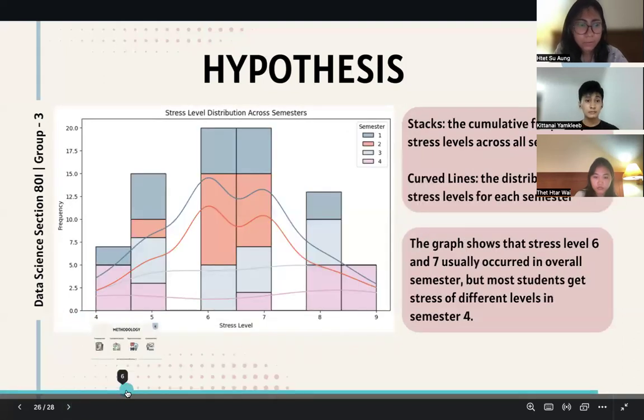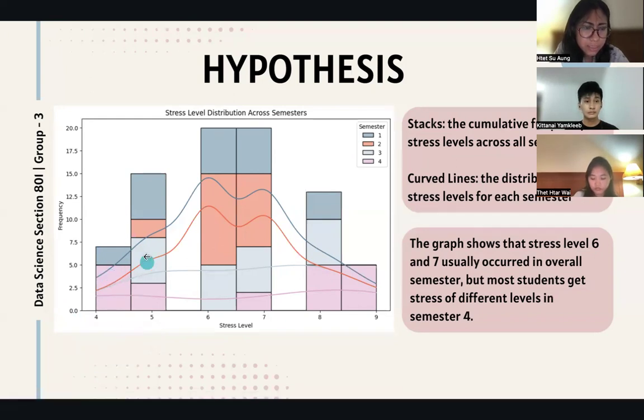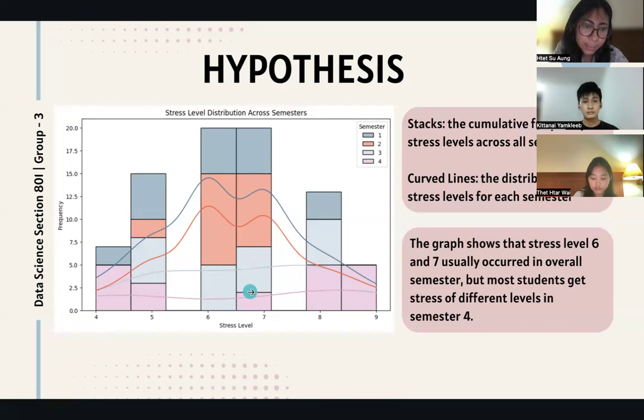In this graph, we stack the stress level in a cumulative frequency, and the lines between them show the distribution of the stress level between the semesters. This graph shows that overall, stress levels 6 and 7 occur most in all semesters, which we can see from the highest bars across all colors.